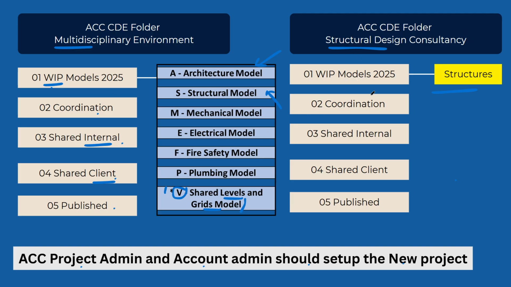Obviously, in this scope, you will get the grids and levels from the architectural model, so that question is correct. Why exactly do we need to set this up? When you work for only a structural design company or a mechanical MEP consultancy, you want to acquire the grids and levels from the architectural model. So this is different and this is different.